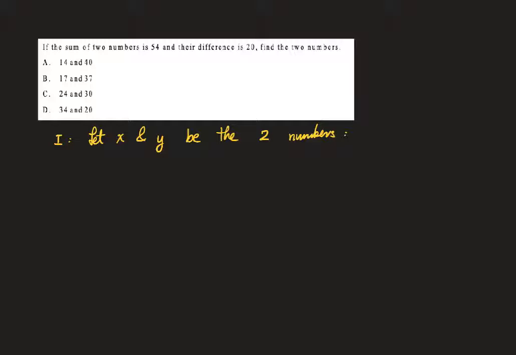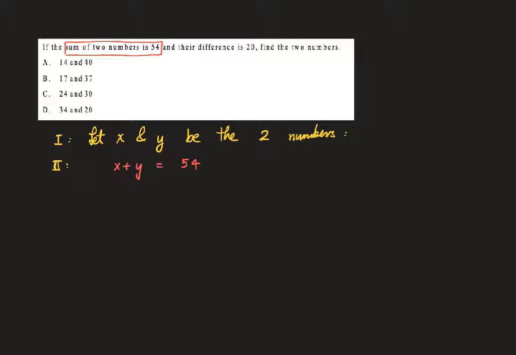After this statement, the next step is we need to set up the equations according to the given conditions. The first condition is the sum of the two numbers is 54. Therefore, x plus y equals 54.